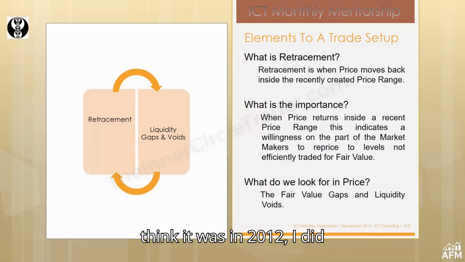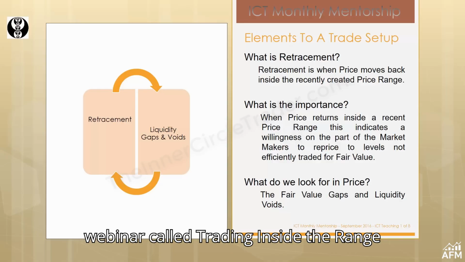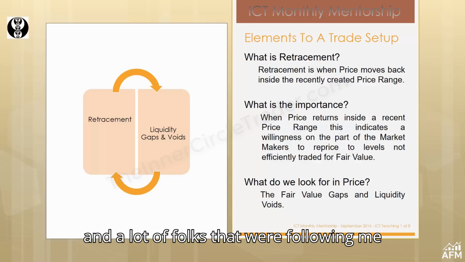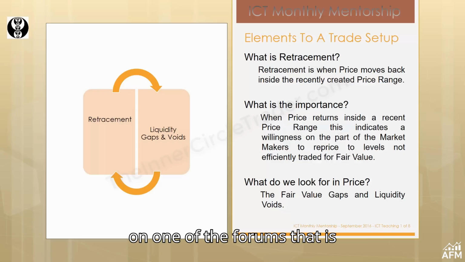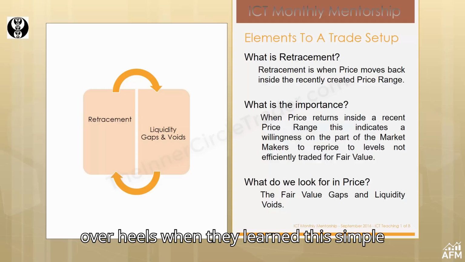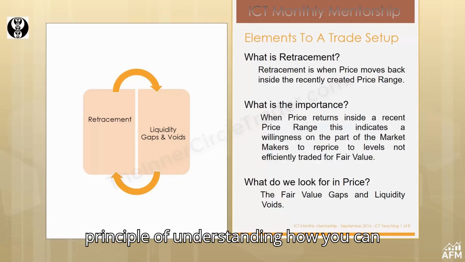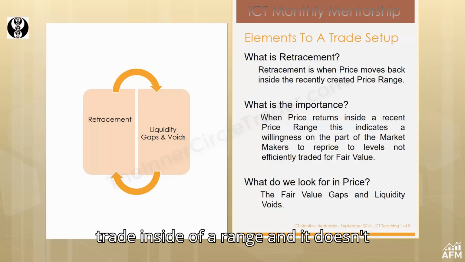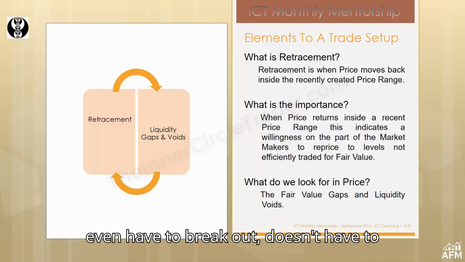Now, years ago, I think it was in 2012, I did a webinar called Trading Inside the Range, and a lot of folks that were following me on one of the forums that is pretty popular on the internet went head over heels when they learned this simple principle of understanding how you can trade inside of a range, and it doesn't even have to break out, it doesn't have to trend.